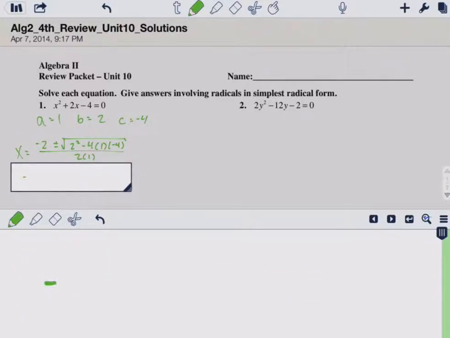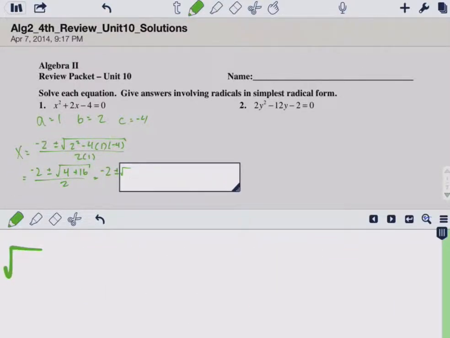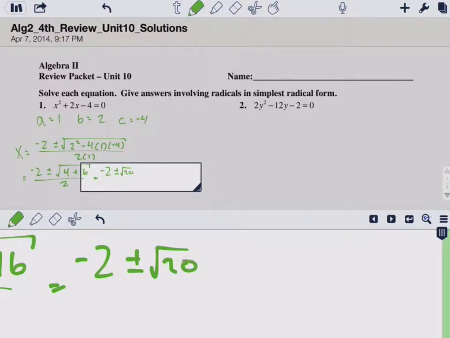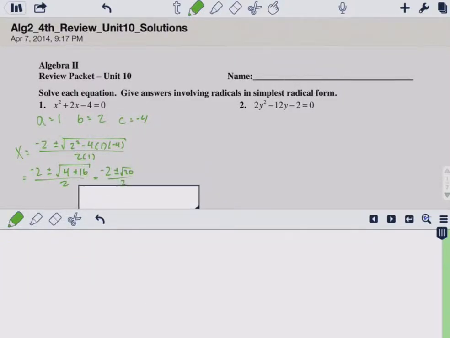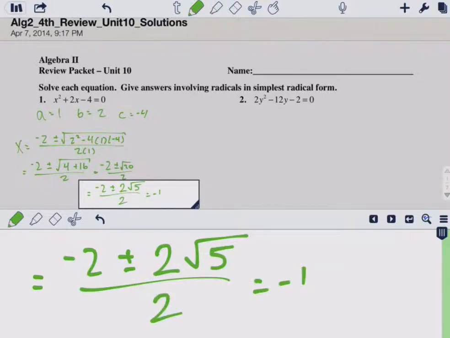That means negative 2 plus or minus the square root of 4 plus 16, over 2, which is negative 2 plus or minus the square root of 20 over 2. Well, 20 is 4 times 5, so the square root of 4 is 2, so that's 2 square root of 5 over 2, which is negative 1 plus or minus the square root of 5.